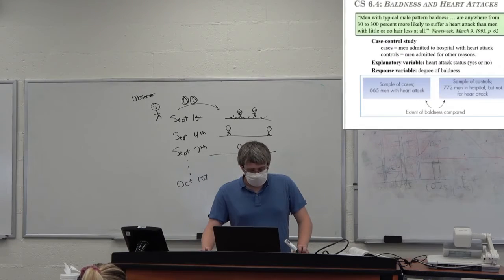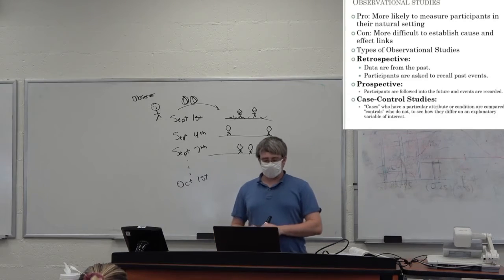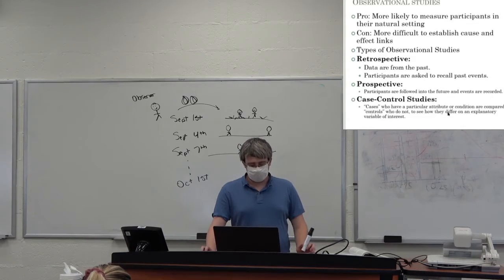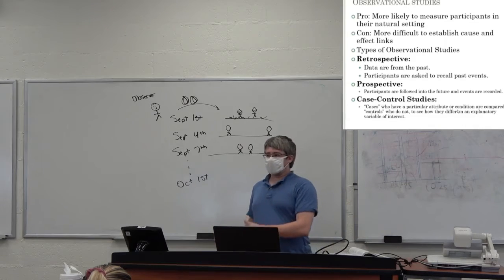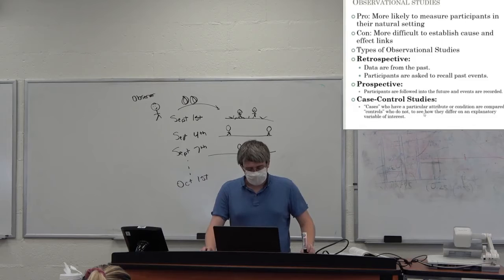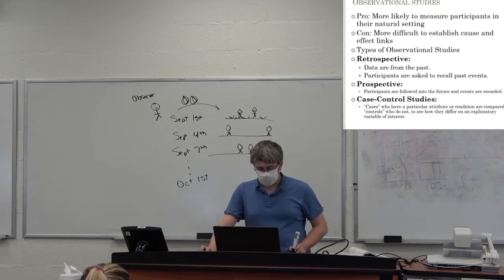All right. And lastly, we have case control studies where cases have an attribute or condition. So not a treatment, but they have a condition applied to them. And then they're compared to some type of control group that don't have an attribute or condition.